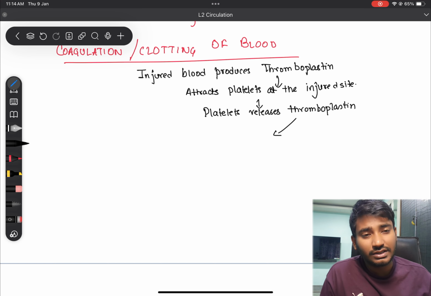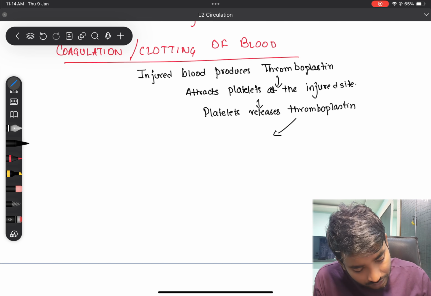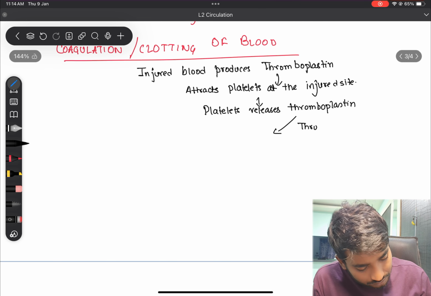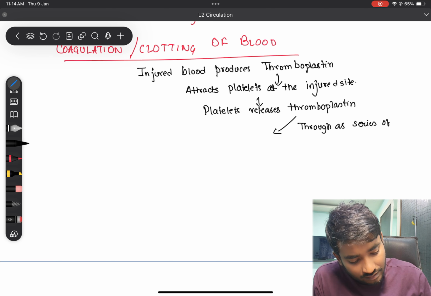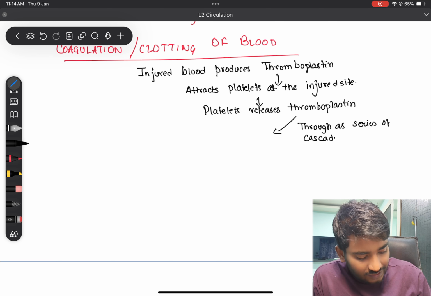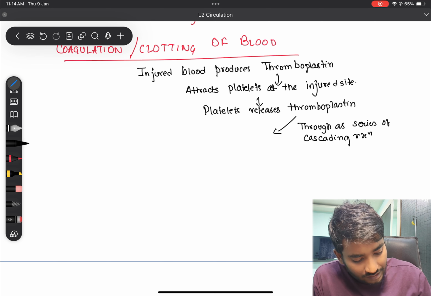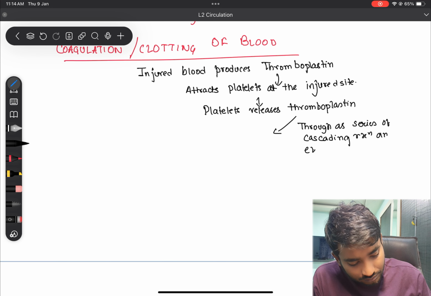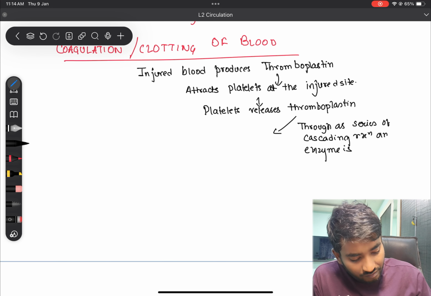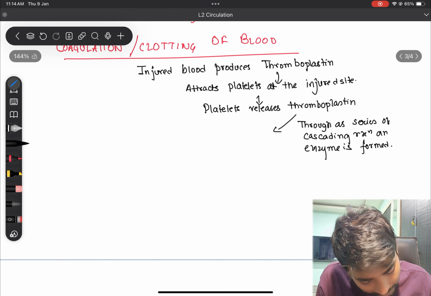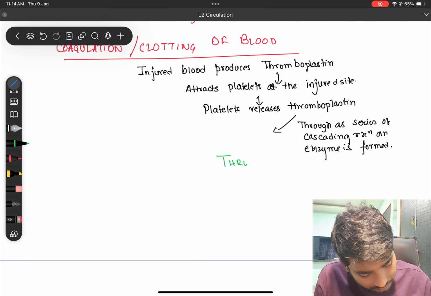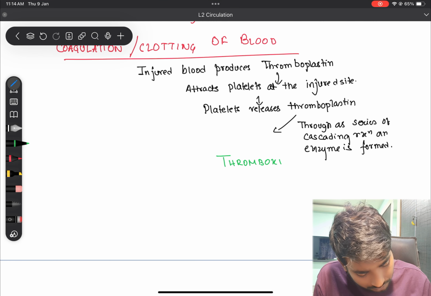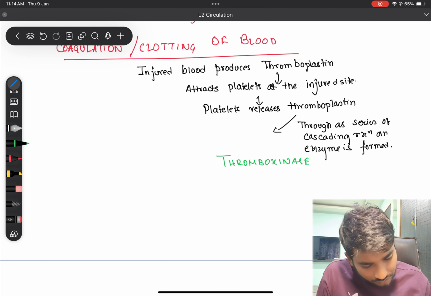This will be taught in physiology in MBBS. Okay. Through a series of cascading reactions, an enzyme is formed. It is called thrombokinase.